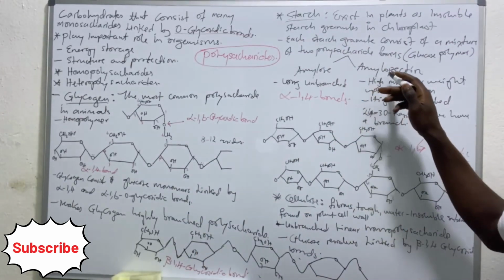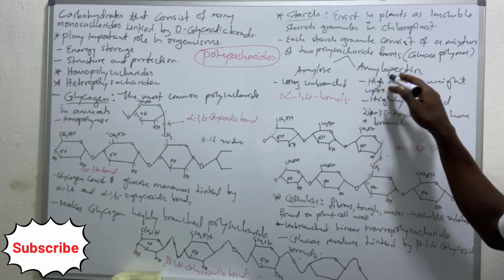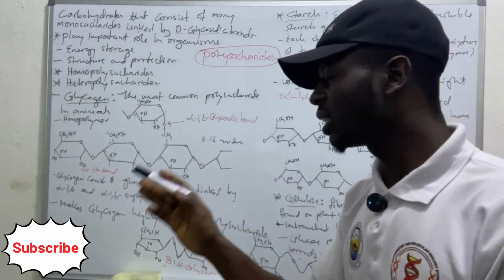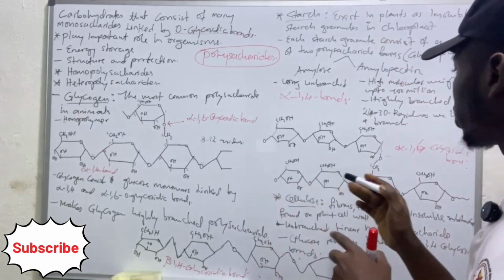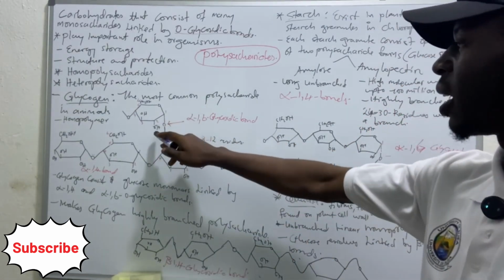Branching occurs in amylopectin at every 24 to 30 glucose residues, meaning that in the linear form, every 24 to 30 glucose residues, you are going to see a branch point, just like in glycogen here.